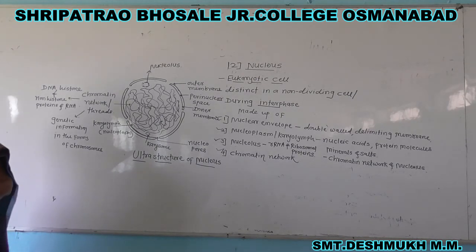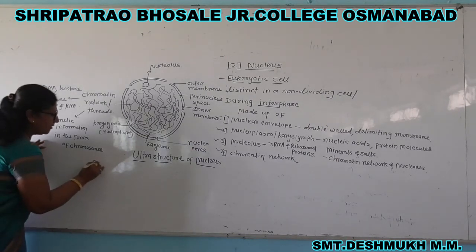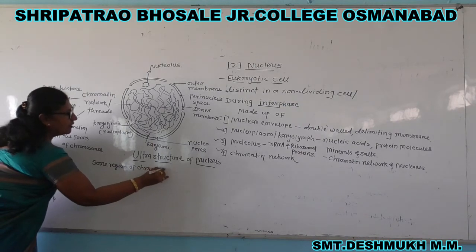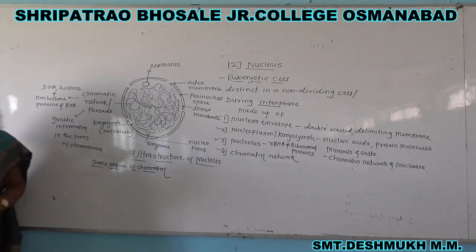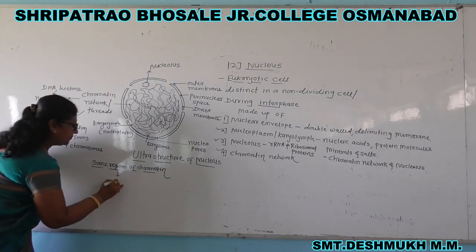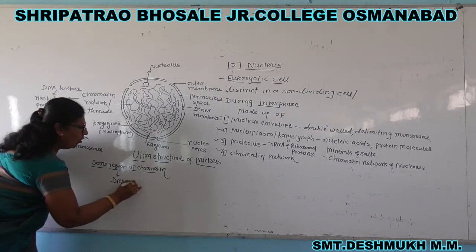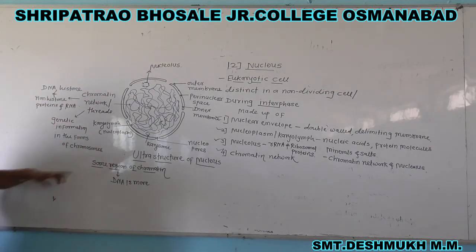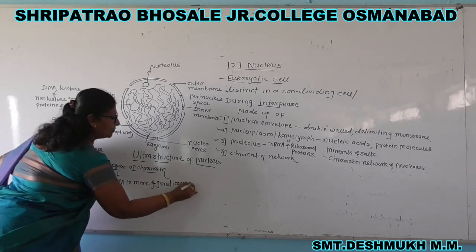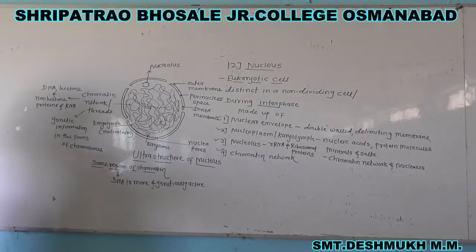In some regions of chromatin, DNA is more abundant and genetically active. This region is known as euchromatin.